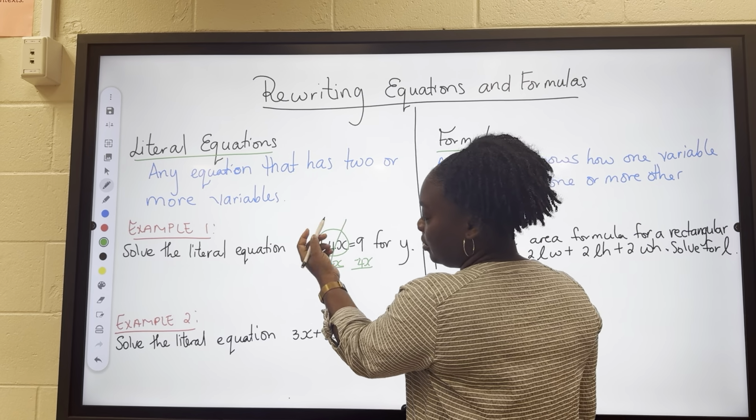But we still haven't written it in terms of y. We want to write it for y, meaning y must be alone on one side. So we're going to continue. It means now we need to get rid of the 3. Remember, like in my previous video, if it's multiplying, because this is multiplying right here, then we'll have to do the inverse operation, which is division.